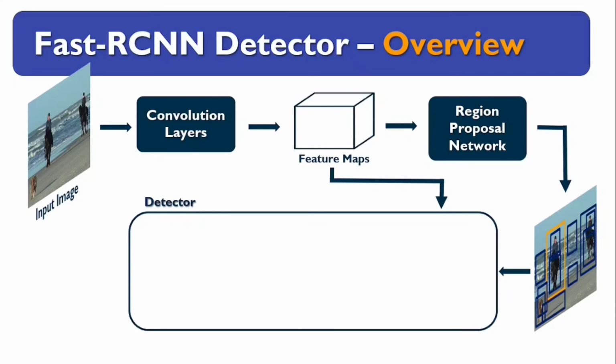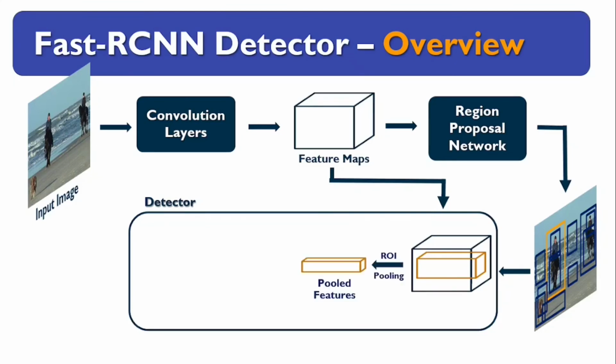First, each region proposal is mapped onto the feature maps to extract features. The extracted features are then passed through an ROI pooling step which gives us fixed size features. The ROI pooling step is used because each region proposal is of variable size and this gives us variable size features. To obtain fixed size features, we use the ROI pooling step.